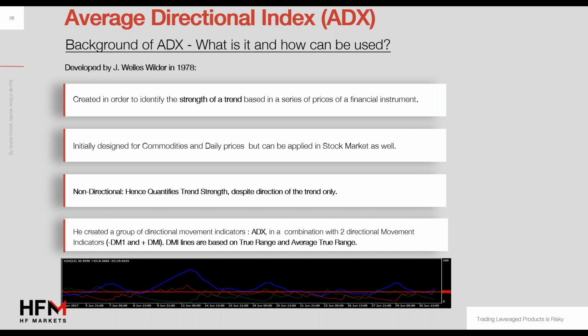I mentioned that it is a trending indicator. Its first characteristic is that it can help us identify the strength of the trend. That's why it's called ADX, Average Directional Index. This is what ADX stands for.